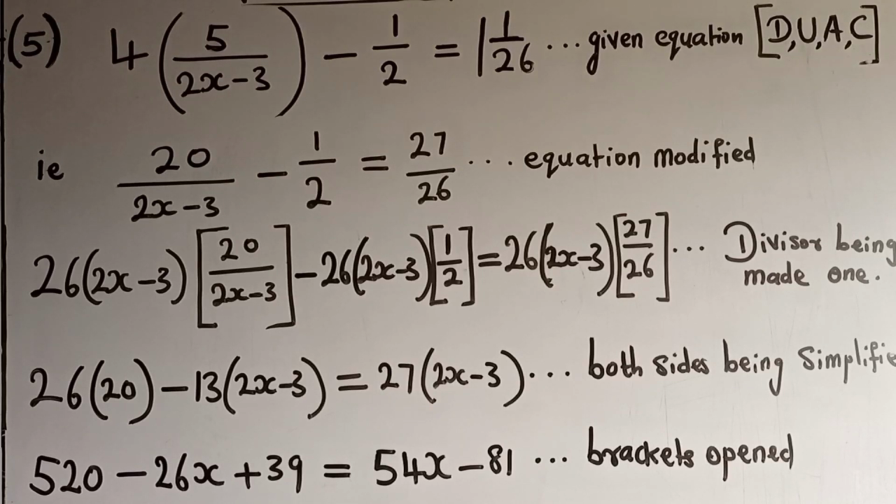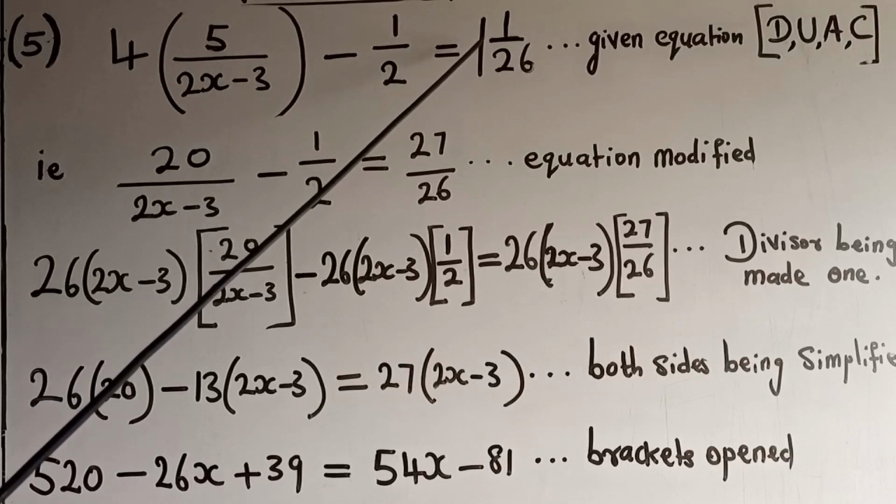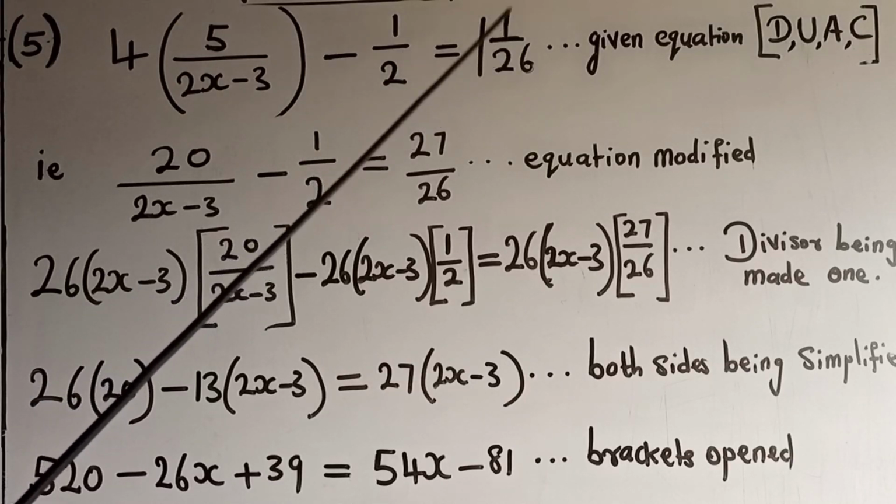Now that we have known the skills we are going to apply in solving it, let us start solving it. Now look at this second line. What is happening here? What is happening is that we modified the equation to make it easy for us to solve. 2 things happened here. First, watch this 1 whole number, 1 over 26.